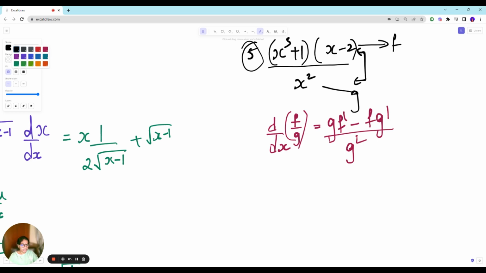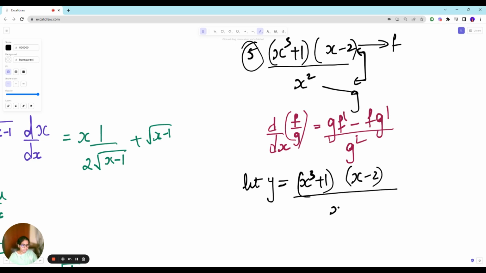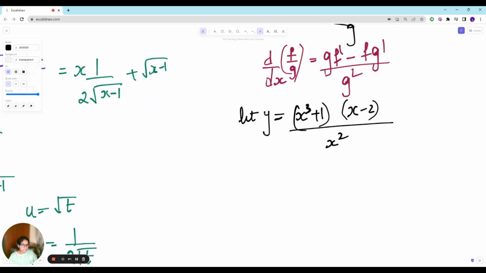Okay, so now what do I write here? Write the denominator as it is. Let me first write, let y be the given question. y is equal to (x cube plus 1) into (x minus 2) divided by x square. Now dy by dx is equal to what?